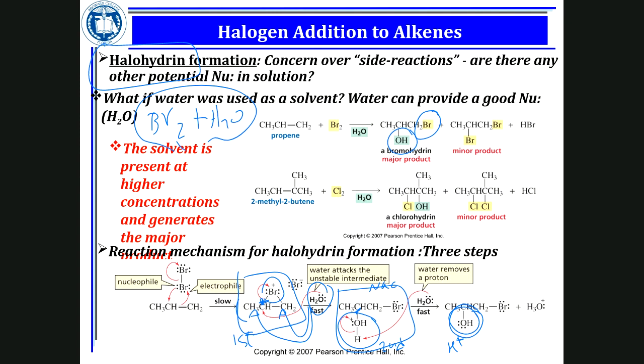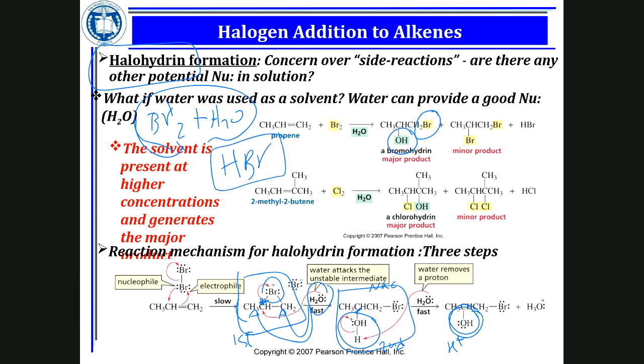What happens to the other bromine? The other bromine is going to form the byproduct, because when you bring in the H2O, you are only using the OH from H2O. Br2 is going to use one of the Br, and the other one is going to form HBr as a byproduct.